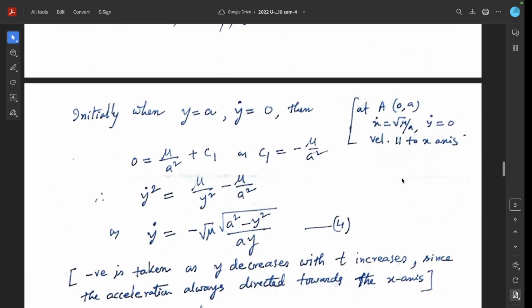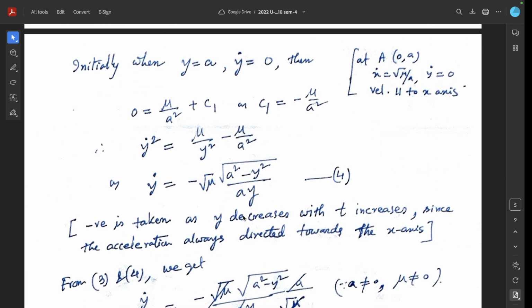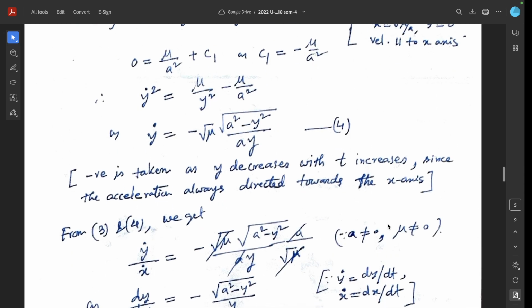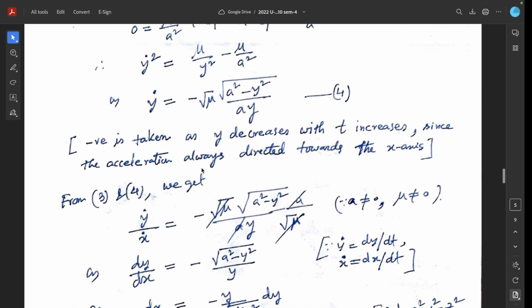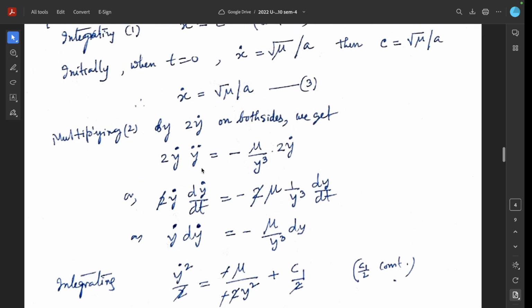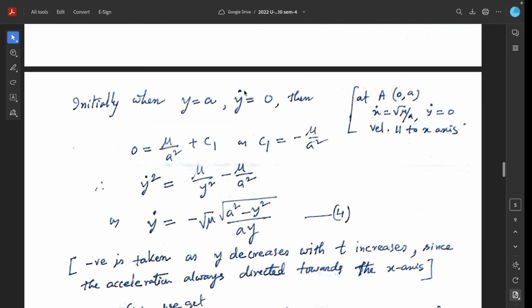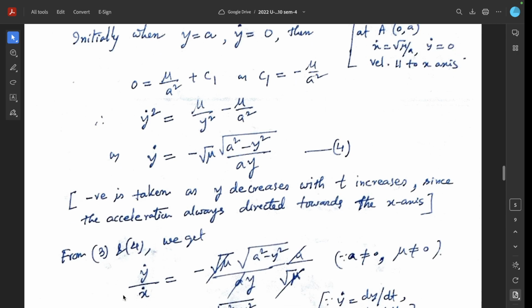So y dot is negative here. y decreases with time t.